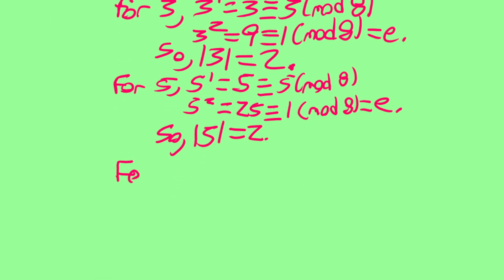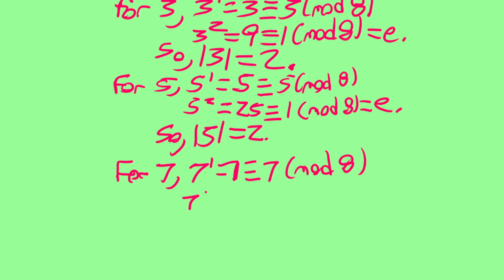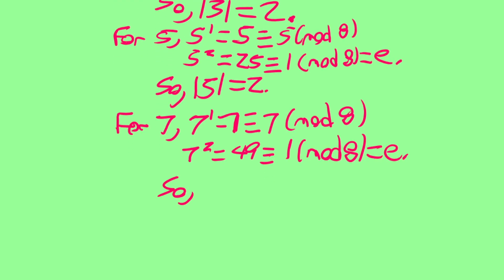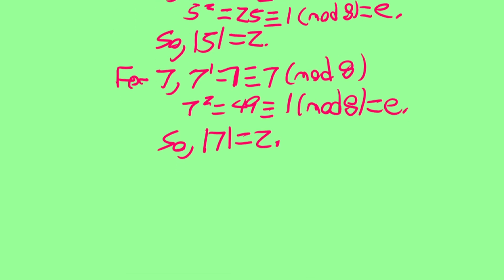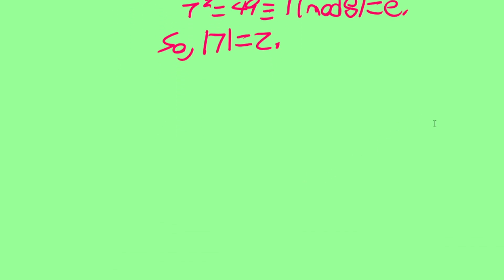And then for 7, 7 raised to the 1 is 7, or 7 modulus 8. Then 7 squared is 49, which is 1 modulus 8, which is the identity element. So the order of 7 is 2. All right, so that's pretty much all there is to look at for orders of groups and elements.